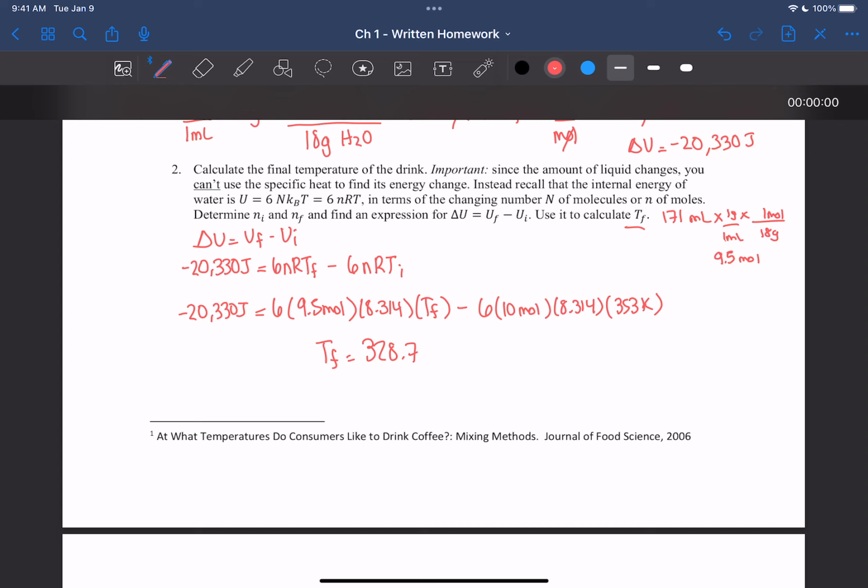I'm not a fan of rounding, so I would keep 328.7. I just include as many decimal places as possible. Should the answer be in 2 decimal places? Doesn't matter. 328.7 is fine.